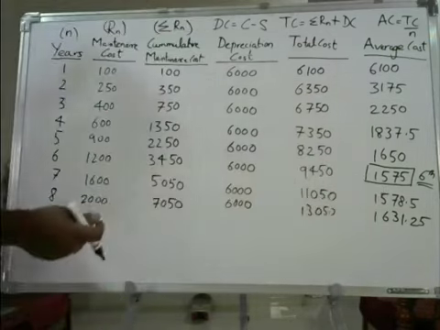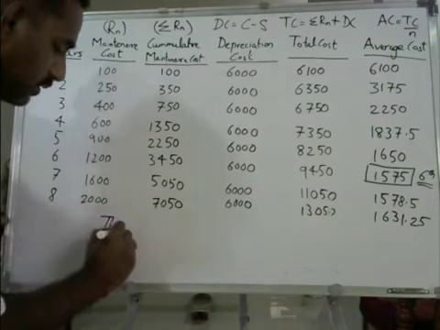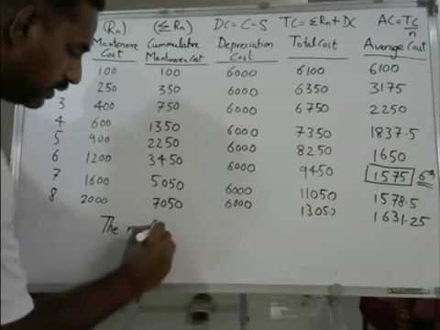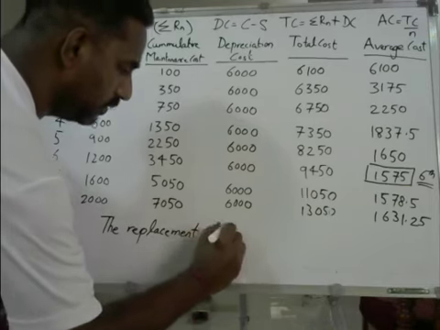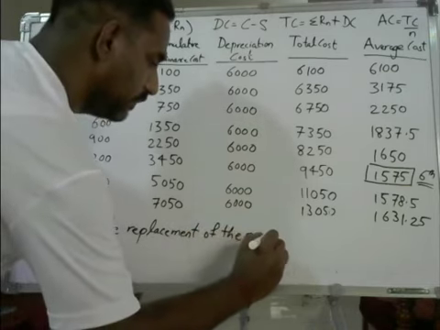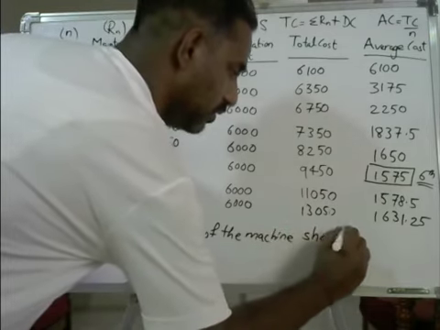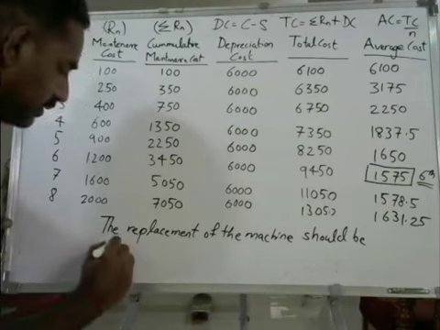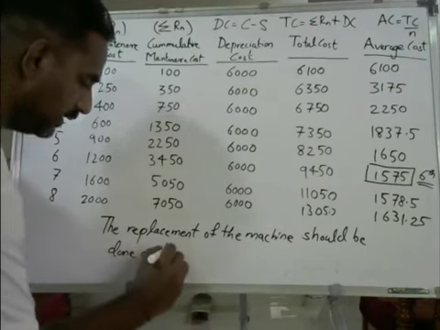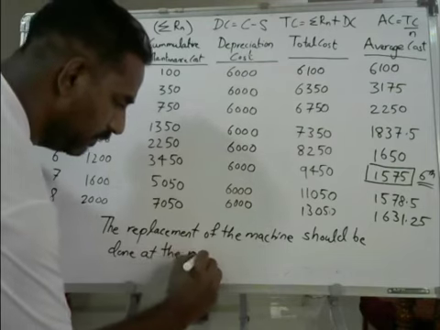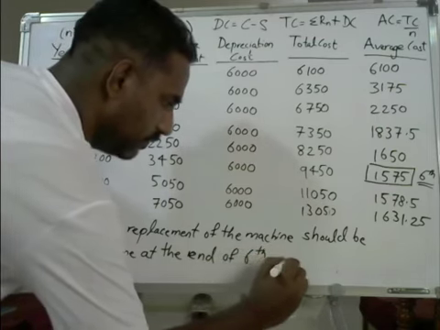So hence the replacement of the machine should be done at the end of the sixth year.